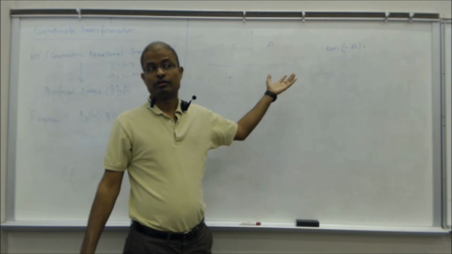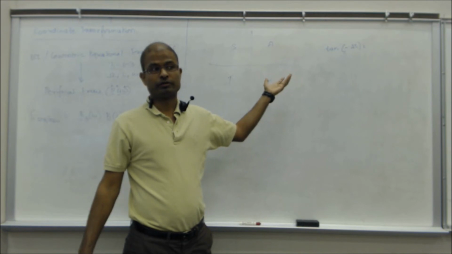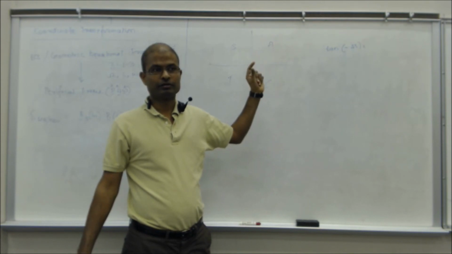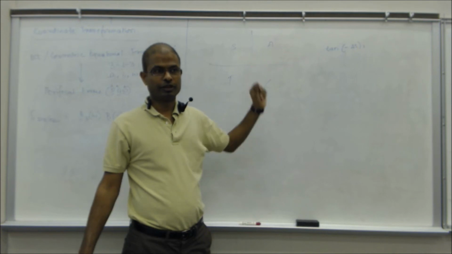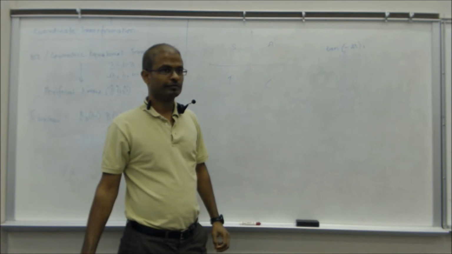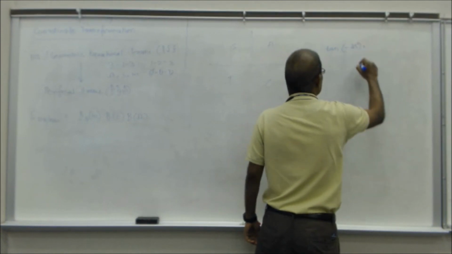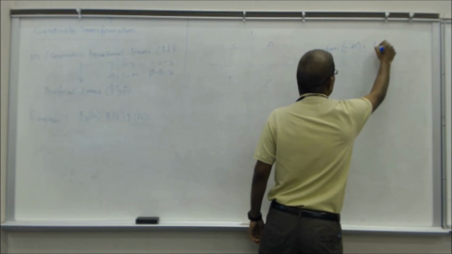What is tangent of minus 45? It's 1, right? Yeah, degrees. So tangent of minus 45 is 1, right?